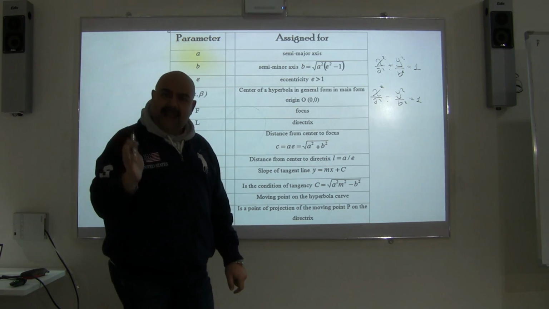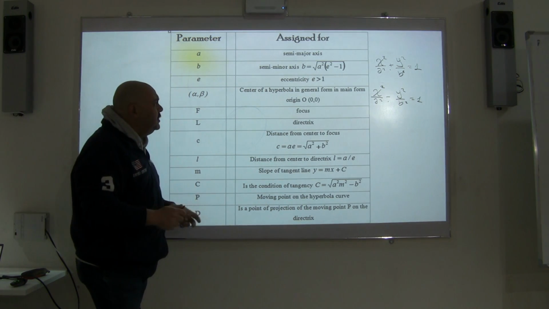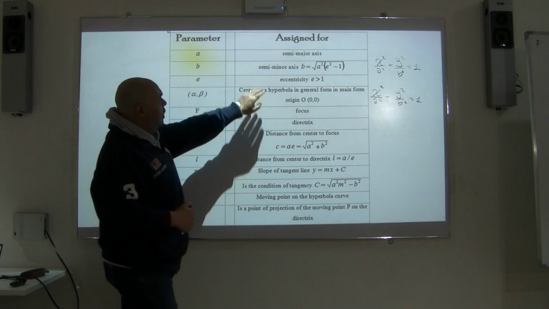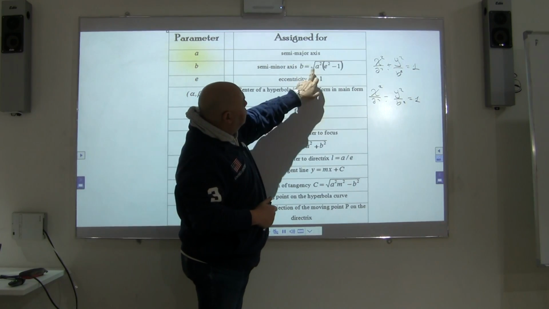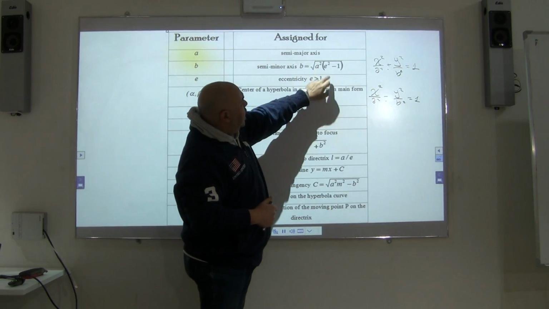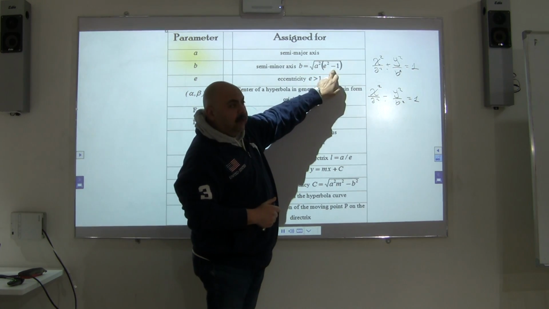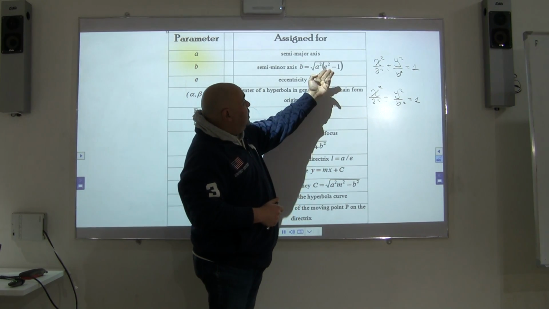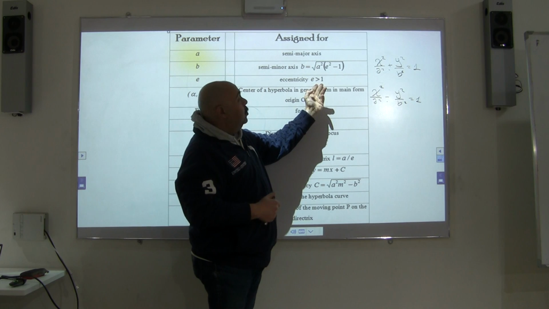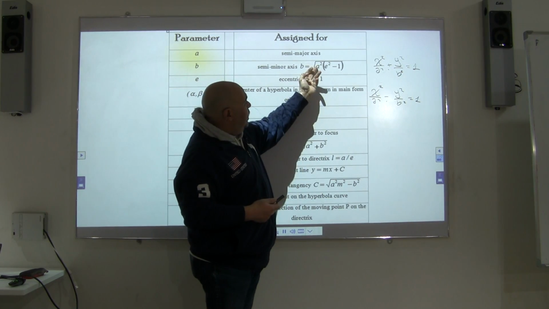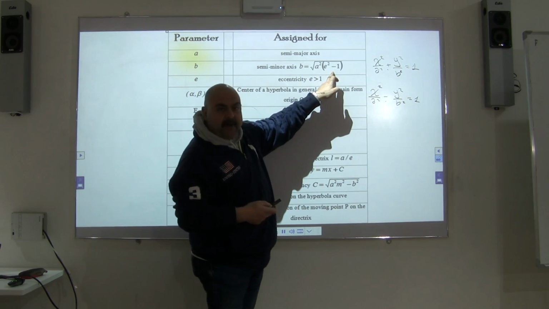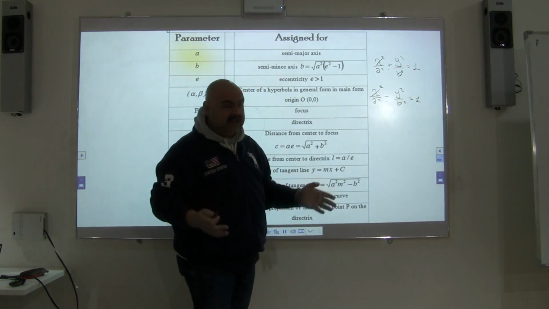Of course, a is the semi-major axis and b is the semi-minor axis. Remark here that b squared equals a squared times e squared minus 1, and e here is greater than 1. Within the ellipse, it was a squared times 1 minus e squared, because e in the ellipse is less than 1.